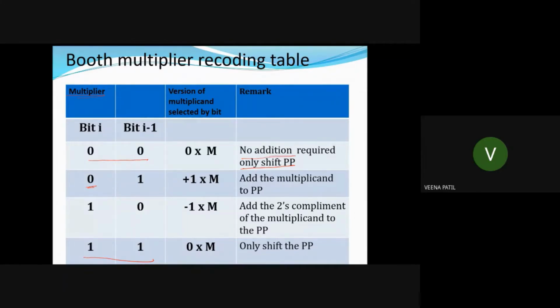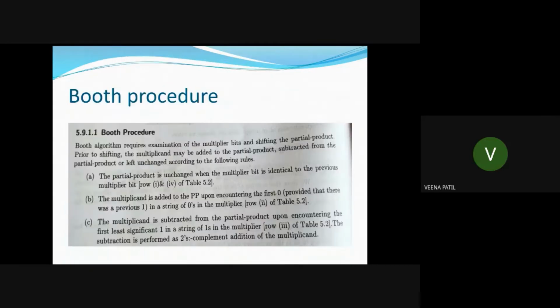If it is 0, 1, that is, if the ith bit is 0, then addition of the partial product has to be done. Now if the ith bit is 1, that is the first one which we encounter, then we have to perform subtraction using 2's complement. So we shall see one example, then you will understand.